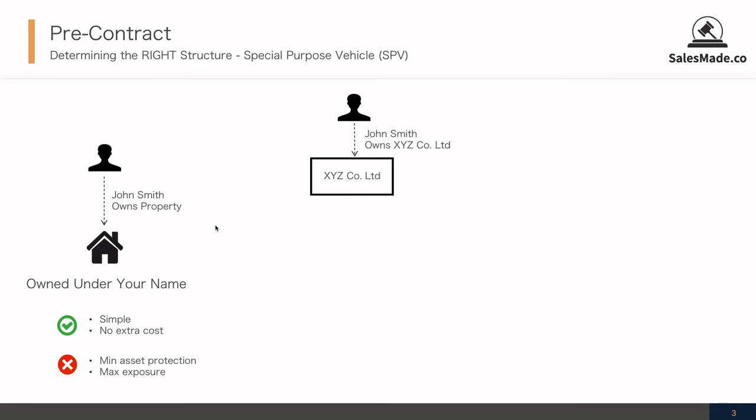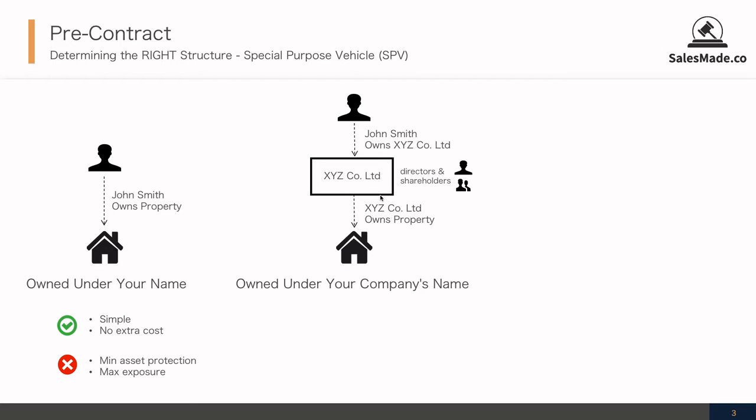So that's the first example. Now, a slightly better case is, well, John learns his lesson. John decides to create a company, call it XYZ Co. Limited. He creates a company, and he is the director of this company. Obviously, the company, as usual, has its directors and shareholders. John can make himself or his wife, his family his shareholders, and use the company to own the property. In this case, the title of the property belongs to the company's name.